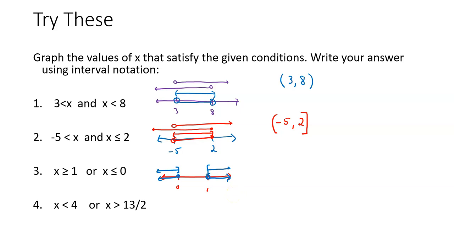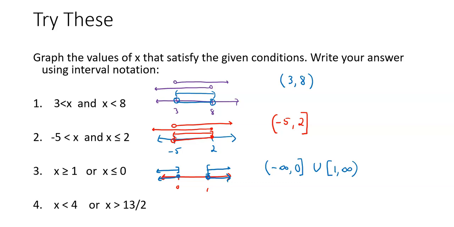Because it's really two sets of values. It's all the values from negative infinity to 0, and then all the values from 1 to infinity. So what I do is I write it in two parts. I say I want all the values from negative infinity to 0, including the 0, and then also all the values from 1 to infinity. So it becomes a union situation. You put that U in the middle to indicate that I want the first range of values and then also the second set of values, the values from negative infinity to 0. Add to it the values from 1 to infinity.